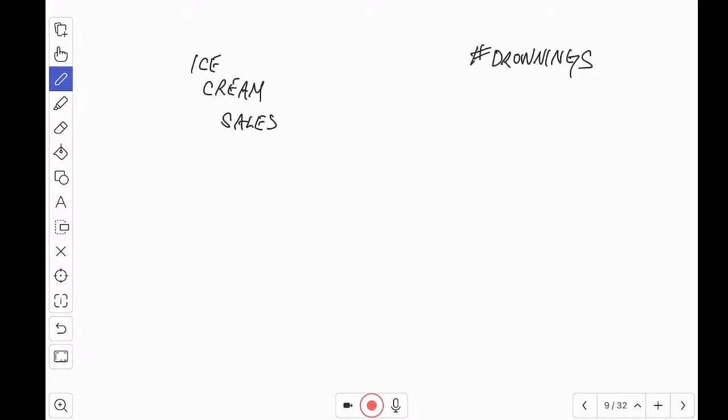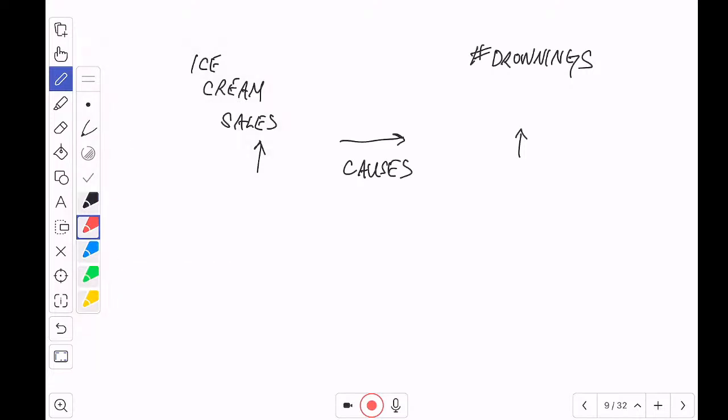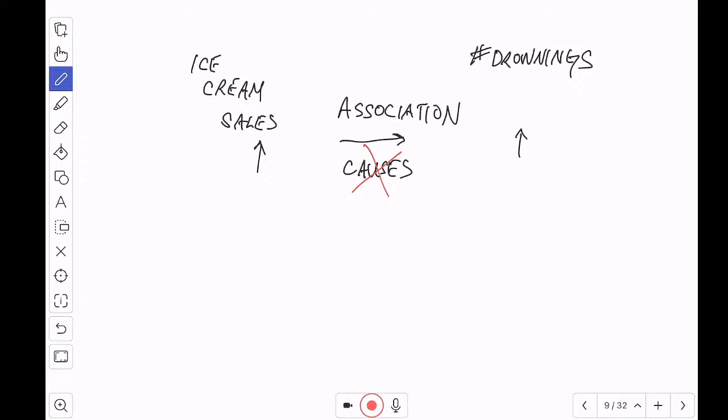It's been observed that when ice cream sales are high, the number of drownings on the beach are also high. Does that mean that eating ice cream causes people to drown? Is that a causal link? And they suggest no, it's likely not. Rather, this is an association, not a causation or not a causal relationship.